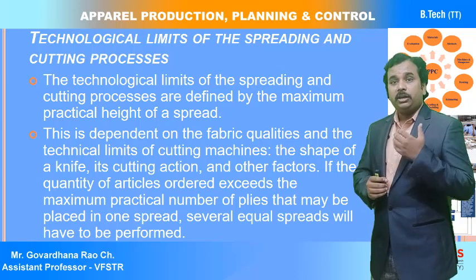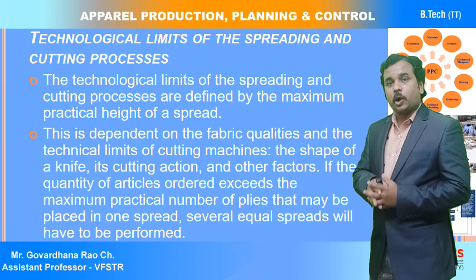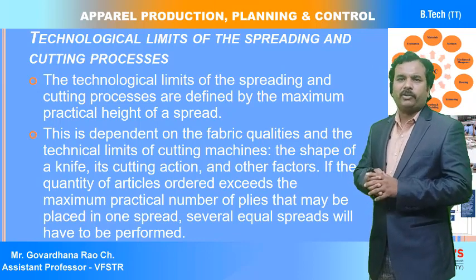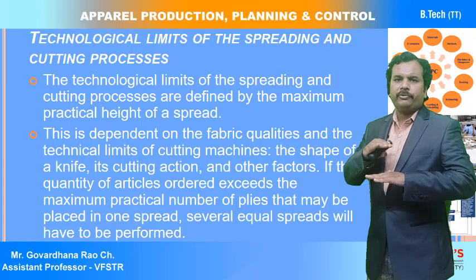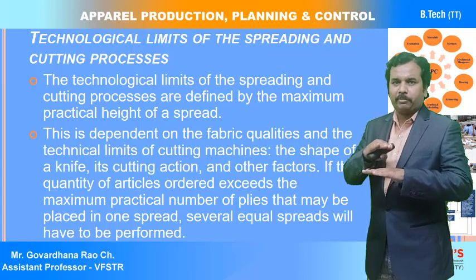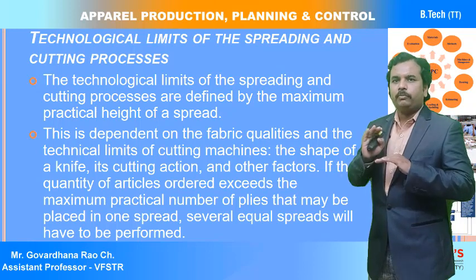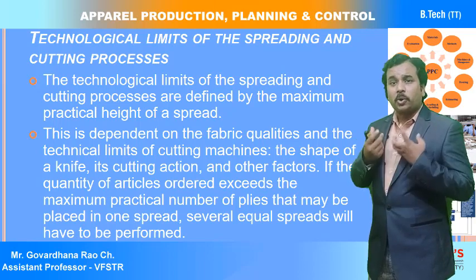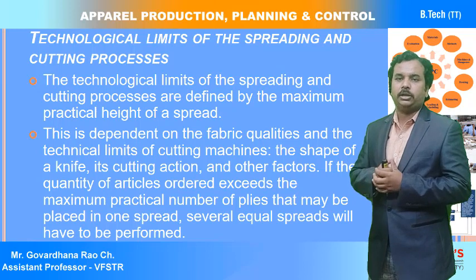Say, for example, the cutting machine is capable of cutting a fabric spread height of 15 centimeters. Now if you make it 20 centimeters, the cutting machine is not capable of cutting that, right?